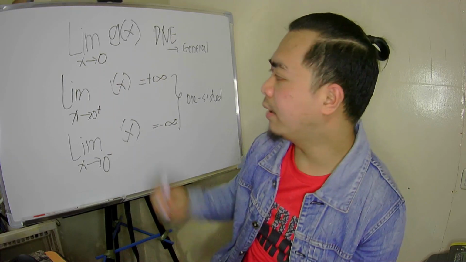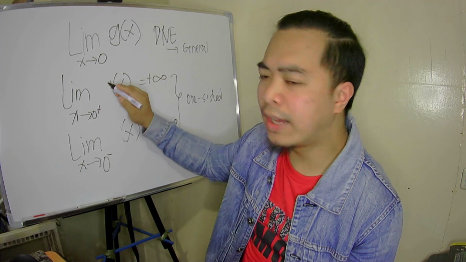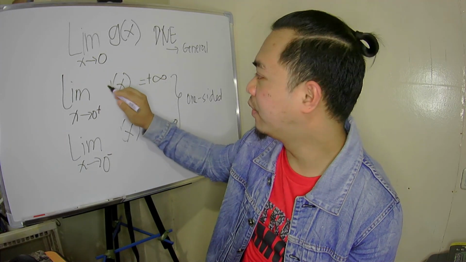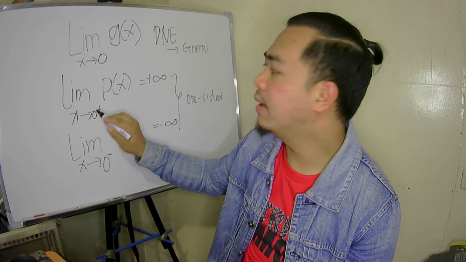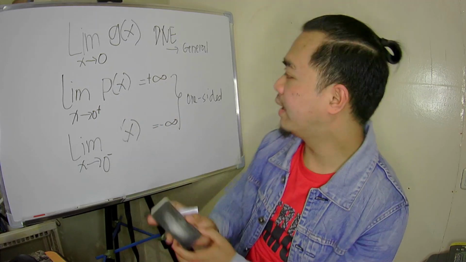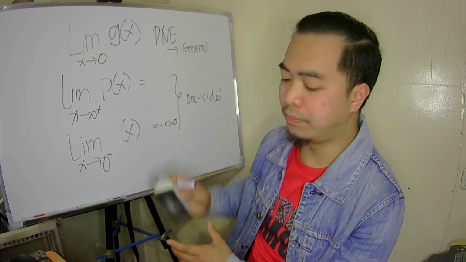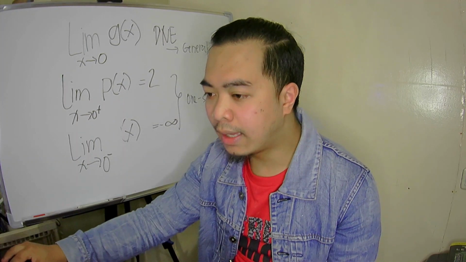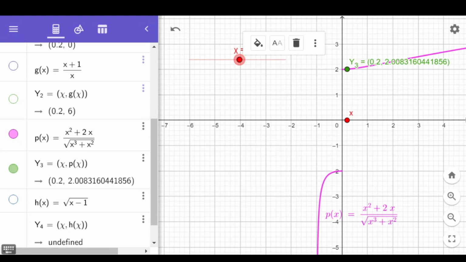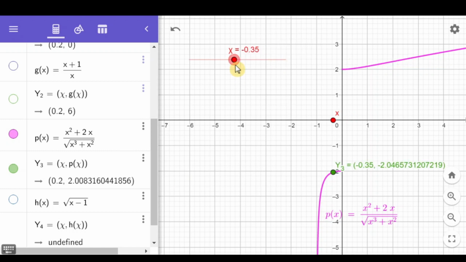So from the right ulit yun ha. Ano yung function? P of x. Galing siya sa right ni 0. Papunta siya ng positive 2. Yeah. Let's go back and observe what happens if we come from the left of 0. So, asaan? Left ng 0. Mag-start tayo dito para mas malapit na. Negative 0.35.